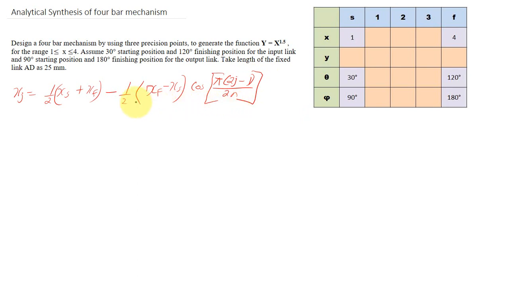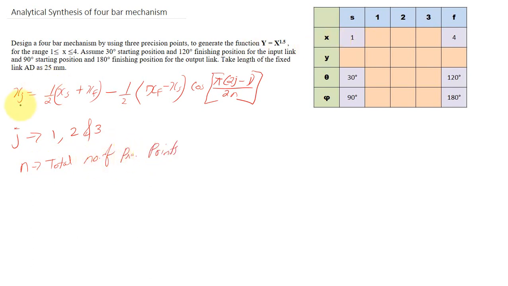This is the equation for finding the precision points. Here j will vary as 1, 2 and 3, and n is the total number of precision points.